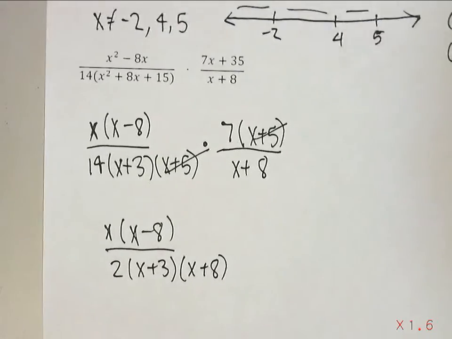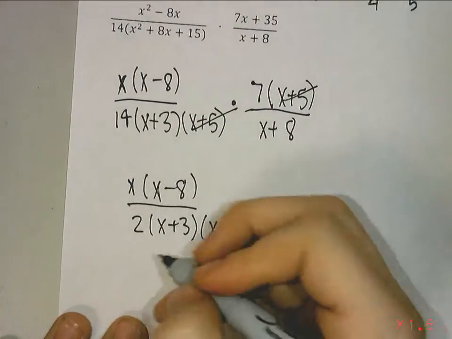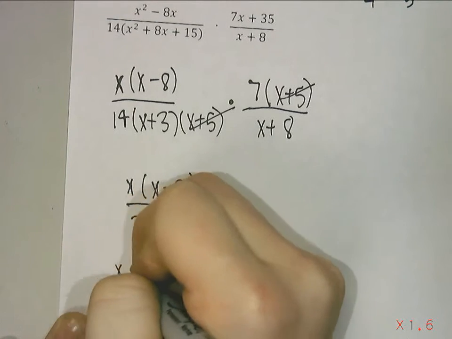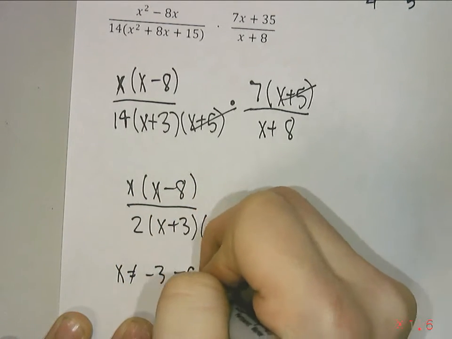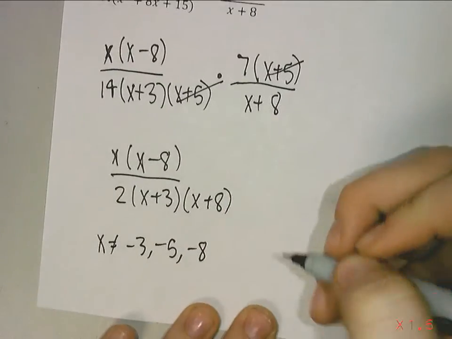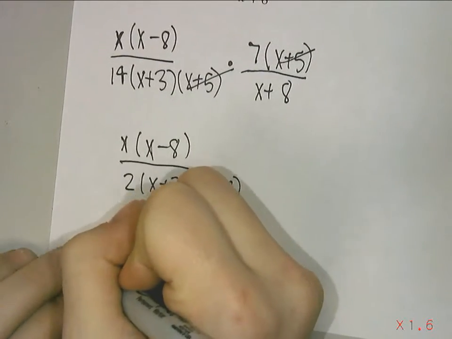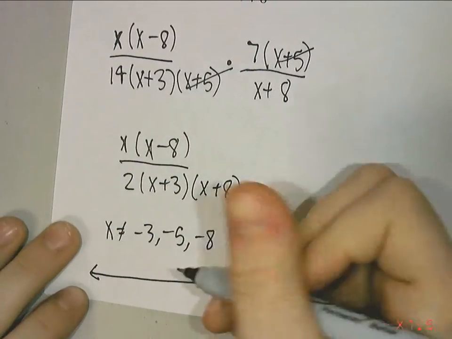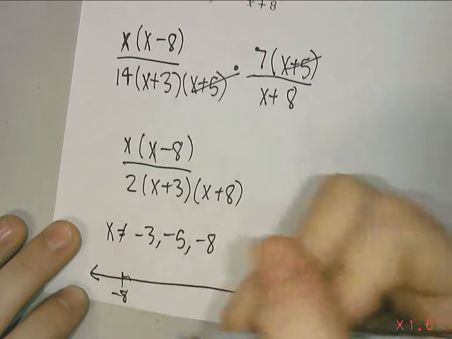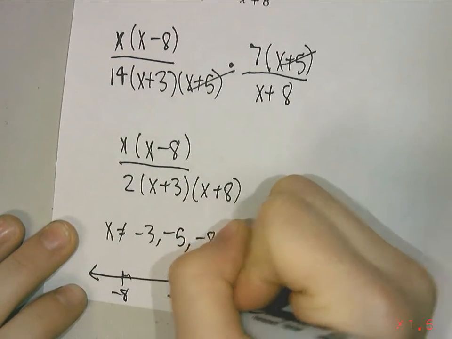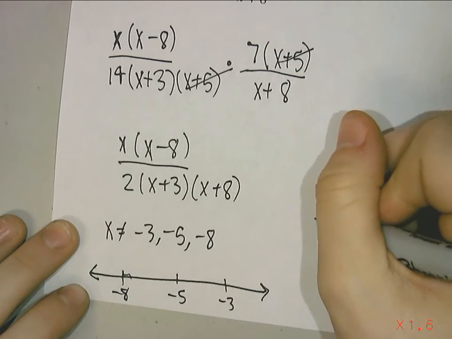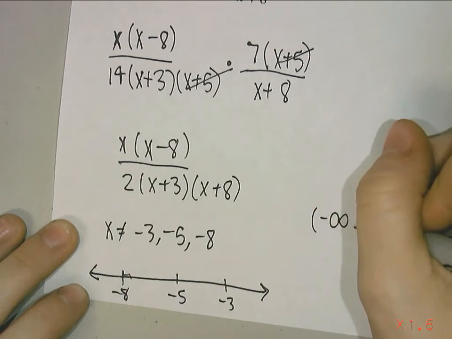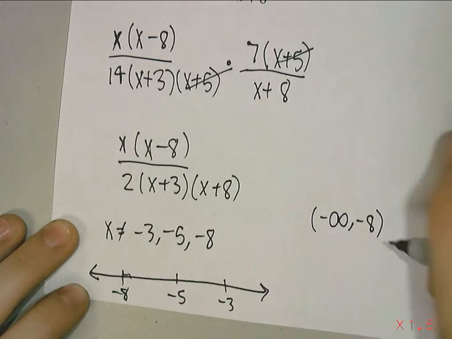And then you find the undefined terms. So x is not equal to -3, -5, and -8. And then you're going to find your domain. So -8, that's really good, -5 and -3. So for this one, it's negative infinity to -8.